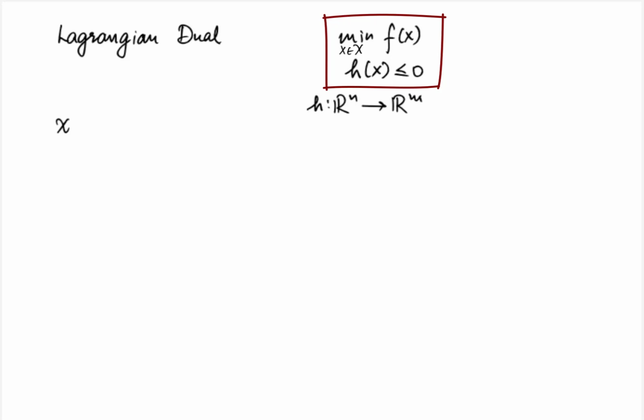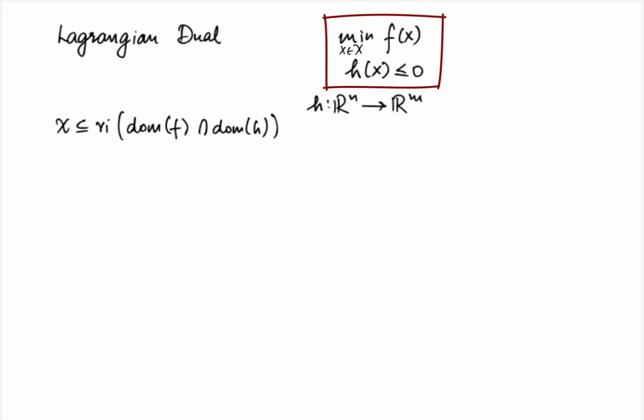Also, as usual, we assume that calligraphic X is non-empty, closed and convex, and that calligraphic X belongs to the relative interior of the domain of f intersection with domain of h, so that all the subgradients are well defined.